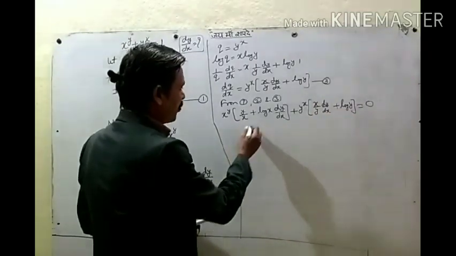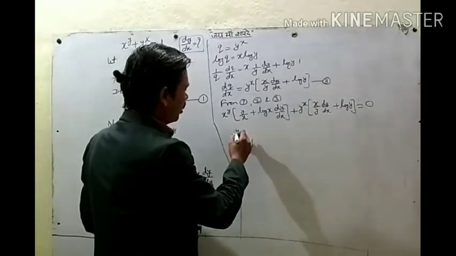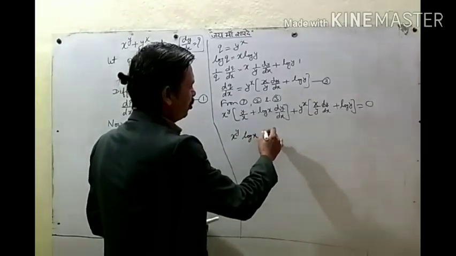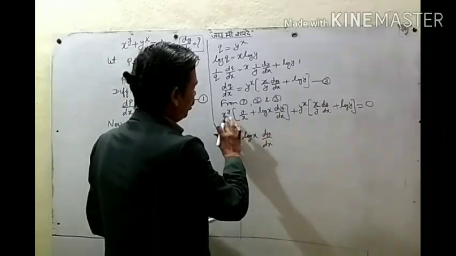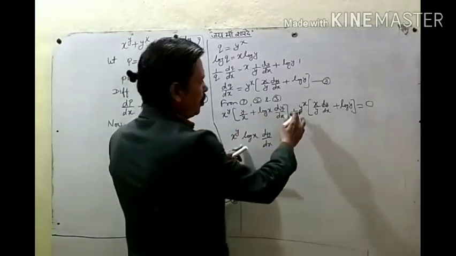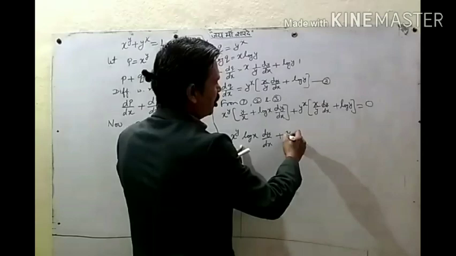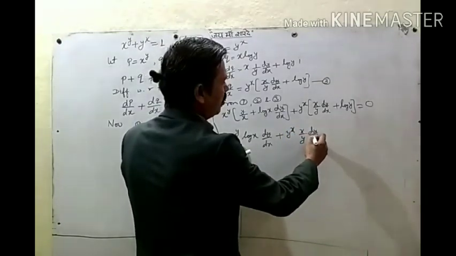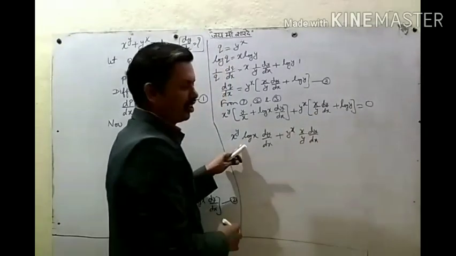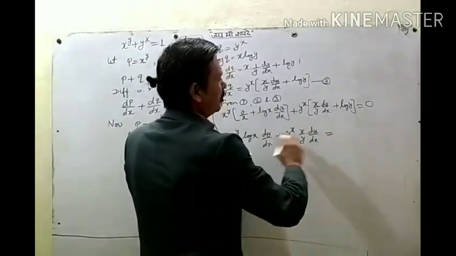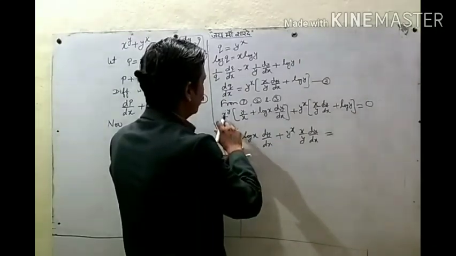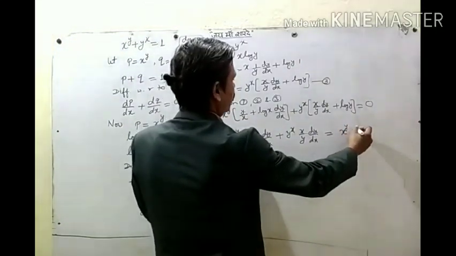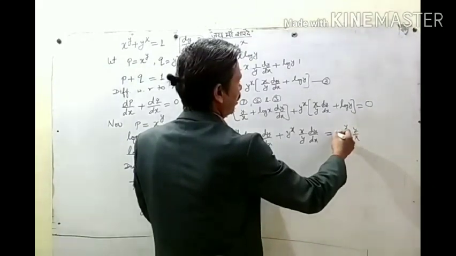So here we get x to the power y log x into dy by dx, plus y to the power x into x upon y dy by dx, is equal to, what you can send: x to the power y into y upon x, you can send to that side, so it will come here with a minus sign.